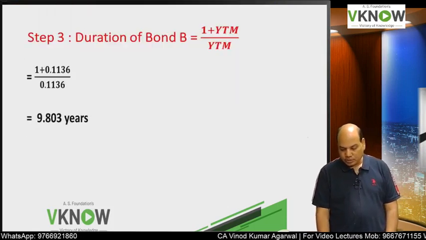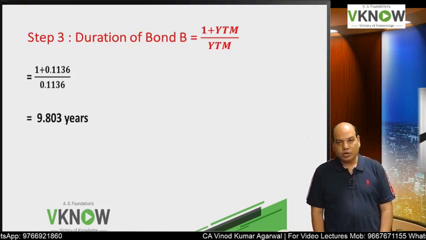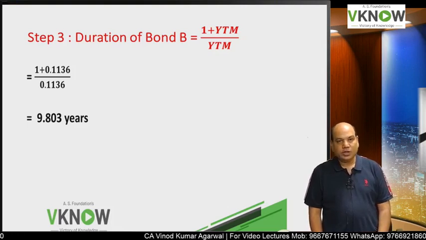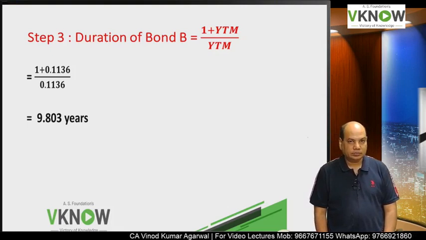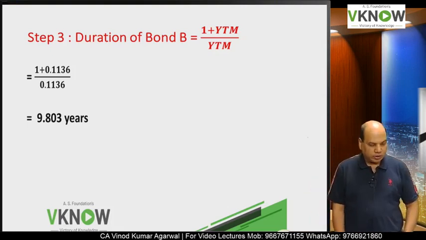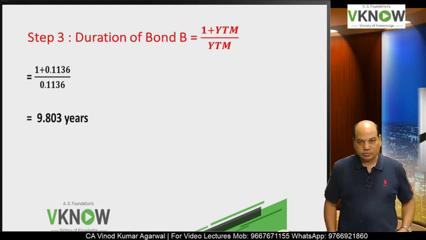Right below, step 3, duration of bond B will be (1 plus YTM) divided by YTM.